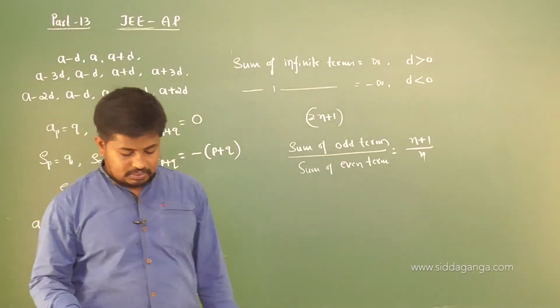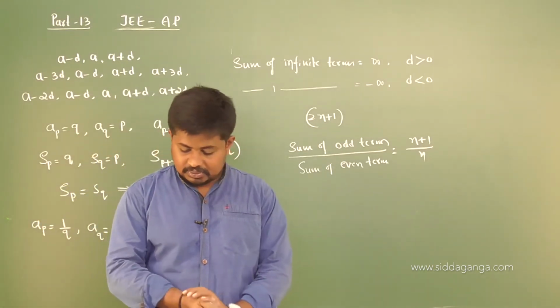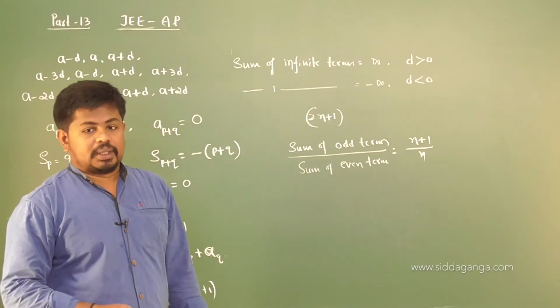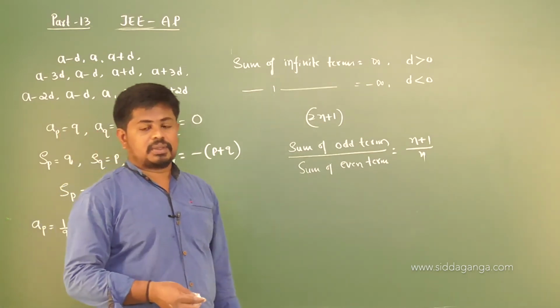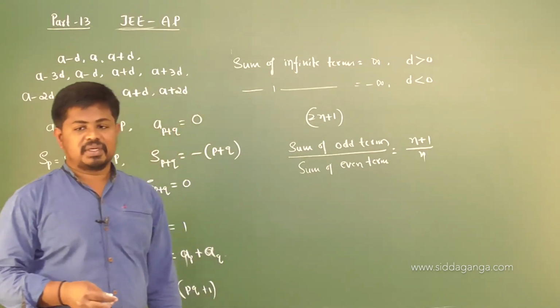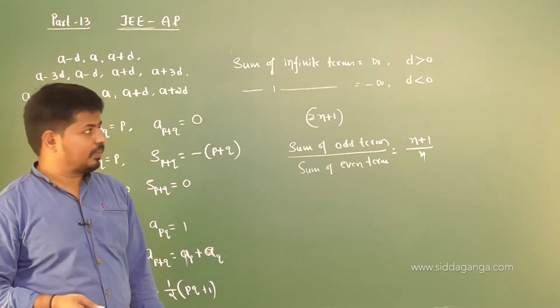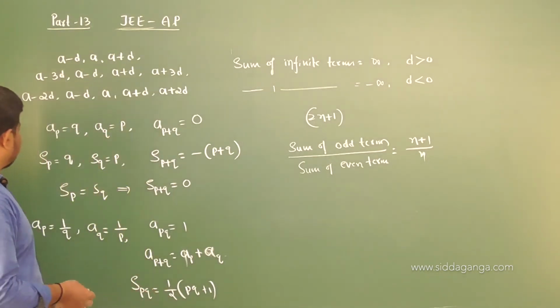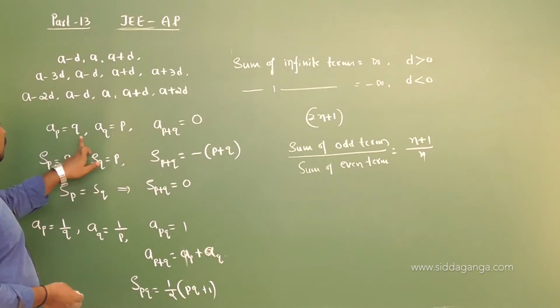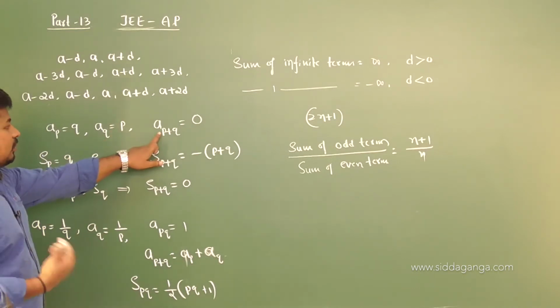When there are 2n plus 1 terms in an AP, the ratio of the sum of odd terms to the sum of even terms is (n plus 1) is to n. Yes, these are the results: when the pth term is q and the qth term is p, then the (p plus q)th term will be 0.